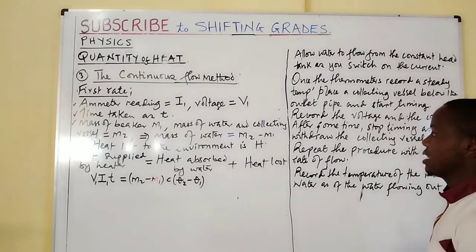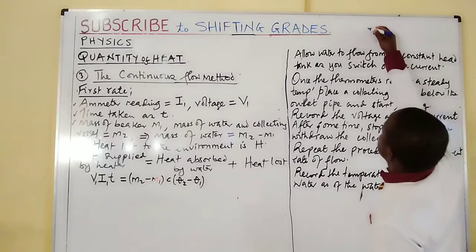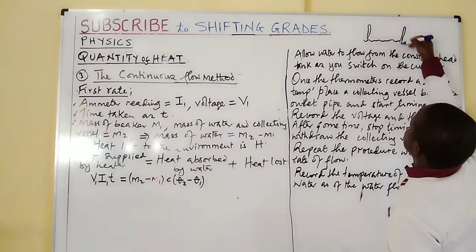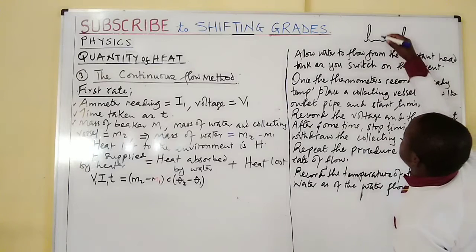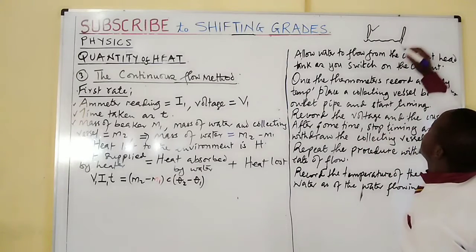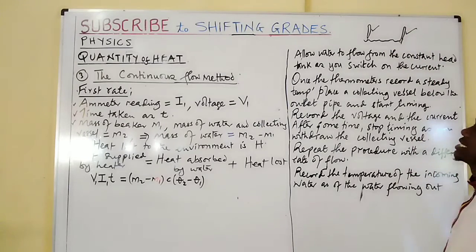Therefore, remember there are two thermometers. We have a thermometer, and after water has been heated, we take the temperature again with another thermometer. Therefore, you'll be taking the incoming water's temperature and the flowing out water's temperature.